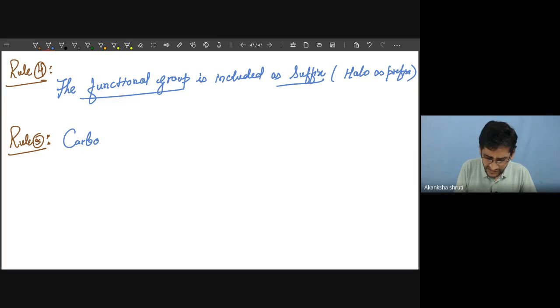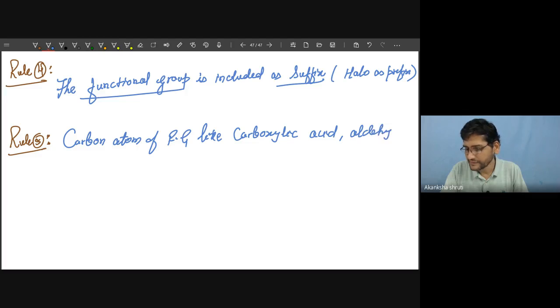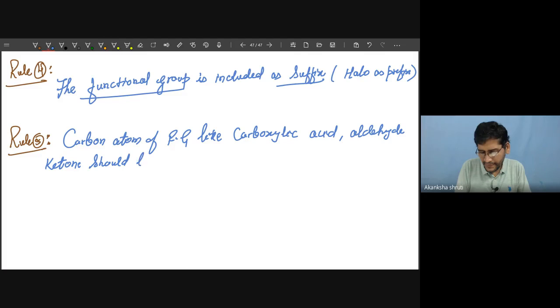Carbon atom of functional group like carboxylic acid, then ketone or aldehyde, should be counted in main chain.